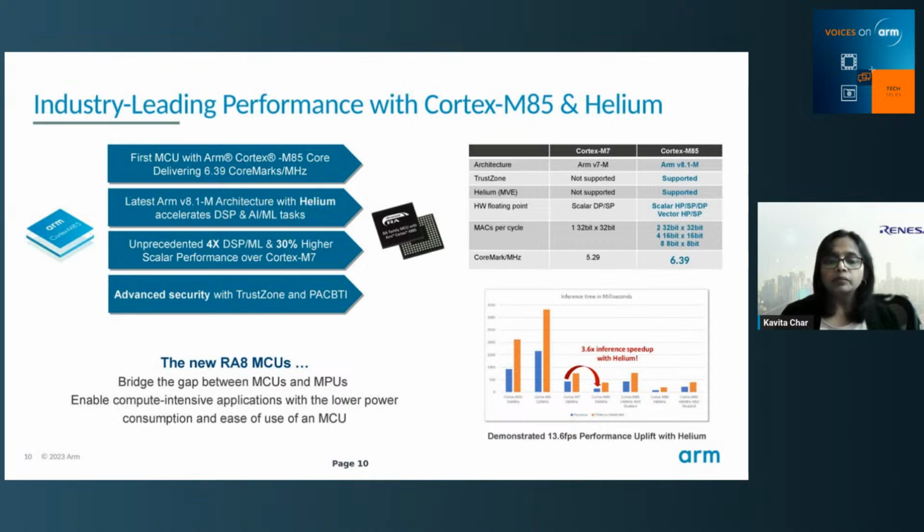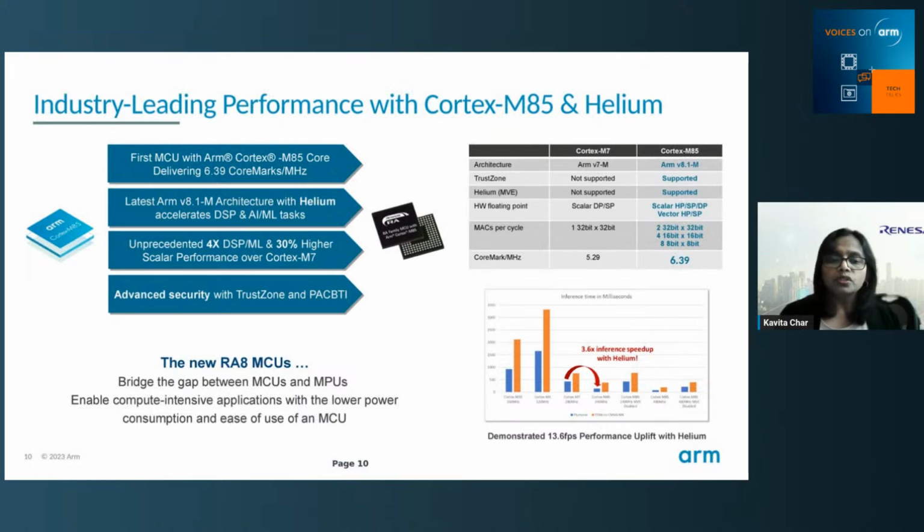In addition to Helium, the new technology that ARM has introduced to this high performance category, of course, is TrustZone. I think a lot of you are probably familiar with TrustZone, available on all cores, ARMv8.0 version and so on, and forward from there.